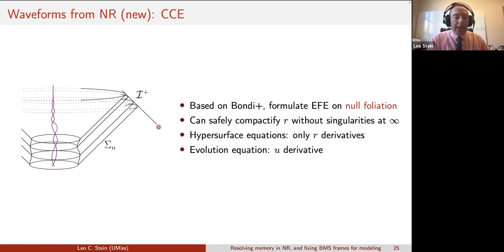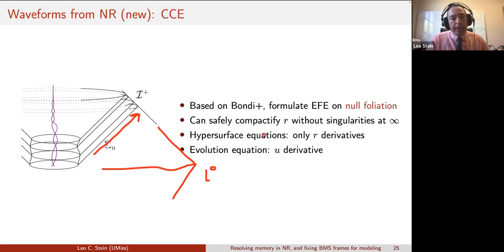We can't do that out to I0, to spatial infinity, because if you take a Cauchy surface that goes out to I0, it has an infinite number of cycles of oscillations of the strain approaching I0, so you have an essential singularity at I0. On the other hand, if you approach scri along a null ray, you only have a finite number of oscillations of the strain. So you can compactify your spatial domain with no singularities approaching scri. And you know the asymptotic fall-offs, so you can get finite quantities at infinity.